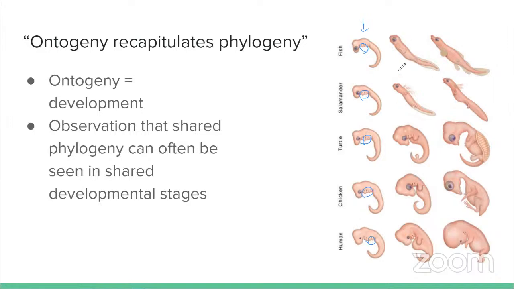Our fish and salamanders are more different from us, so they become more different sooner on. Our chicken, turtle, and human stay similar for longer until they eventually differentiate from each other. So that's what that phrase is talking about, and this is a cool thing to observe. It's a way we can get clues about the evolutionary history of an organism.